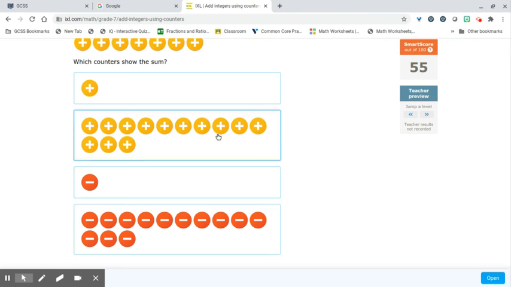And I have a bunch of positives. If this were in a time where I was being timed and I was in a hurry, couldn't I just automatically deduct that I know my answer's not 1, I know my answer's not 1 here, and I know my answer's not negative. So the only answer it could be is that one.